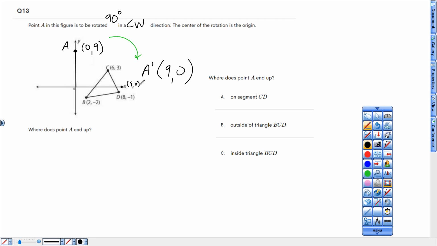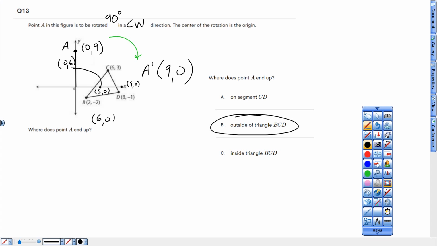That would definitely be outside triangle BCD. If it was smaller, maybe between 2 and 8, like maybe 0, 6, that would switch to 6, 0, which would put that right smack inside the triangle if I was to do a different point. But 9, 0 or 0, 9 becoming 9, 0 ends up outside that triangle.